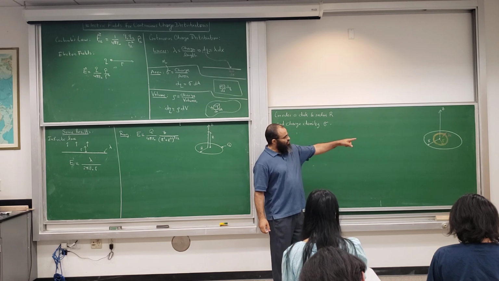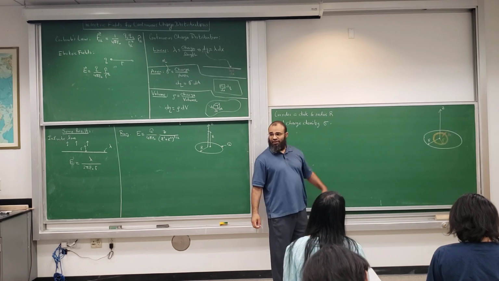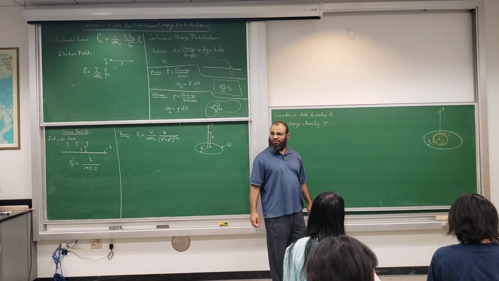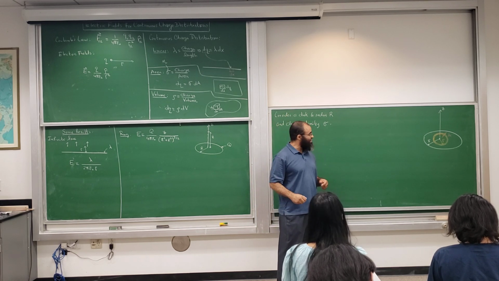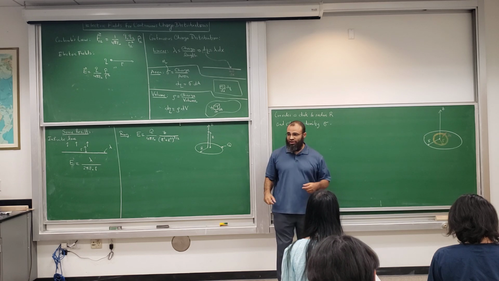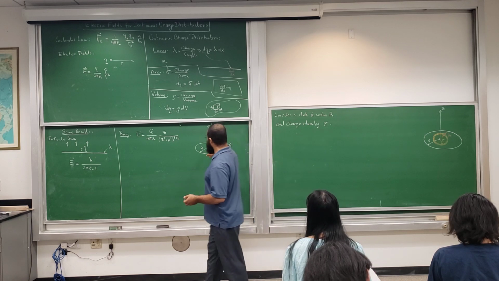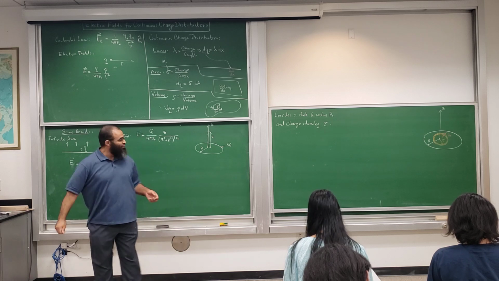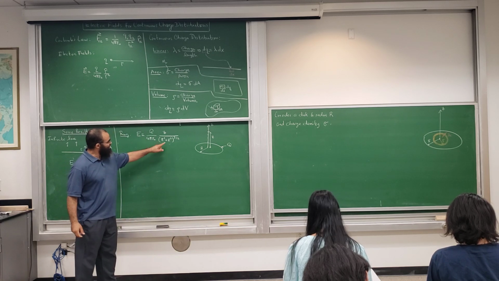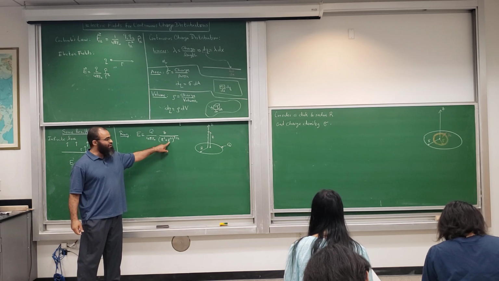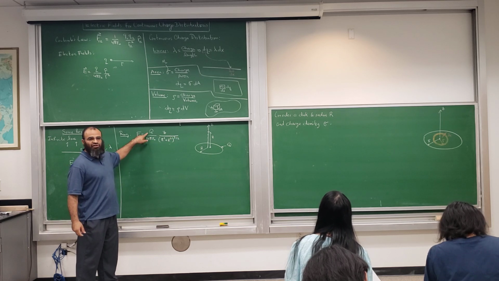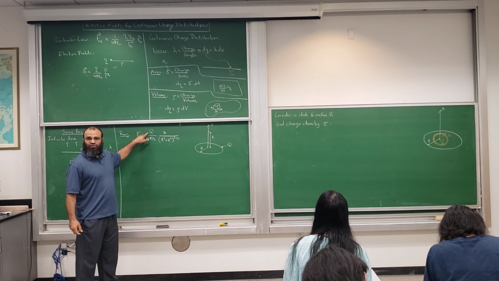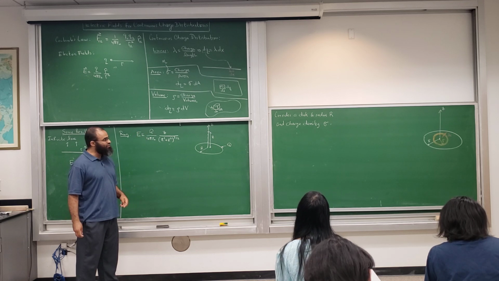So that ring will produce an electric field along the z-axis, right? Yes, if you have a ring, you get an electric field along the z-axis. Do we know the electric field for a ring? Yes, we do. Here it is. What would be the difference? The only difference is it's not going to be capital R here. It's going to be little r, and the charge on it is not going to be capital Q. It's going to be small dq, the little charge on it.